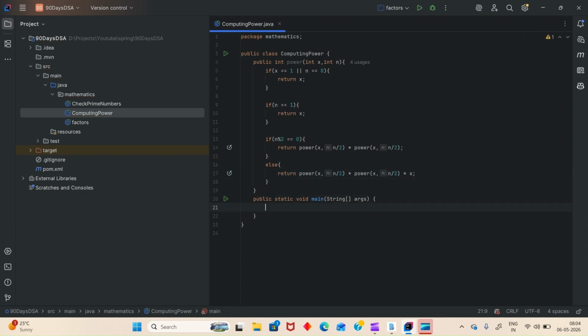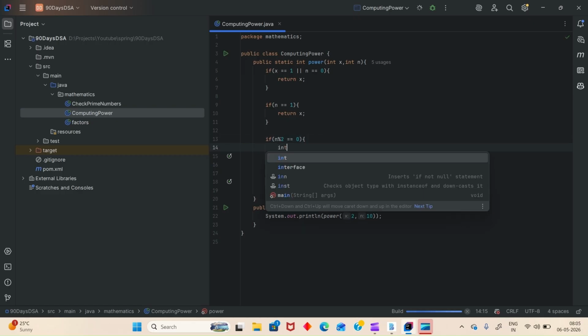Now I'll make power static, and try 2 raised to 10. Now let's run this. Even in this solution, we are again multiplying and again calling the function. So instead of that, we will compute one and then pass it.